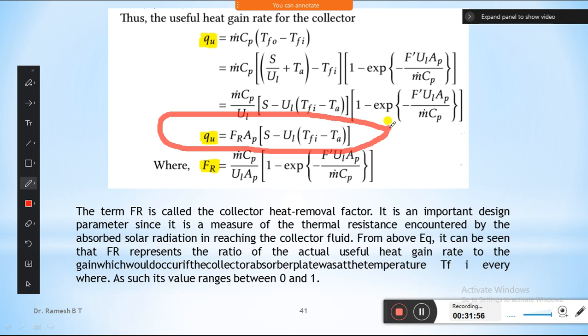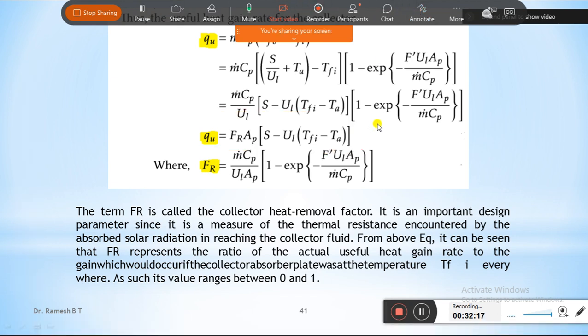It is a convenient expression for calculating useful energy gain, because the inlet fluid temperature is usually a known quantity. Inlet temperature is always a known quantity, and it is often referred to by this above equation.